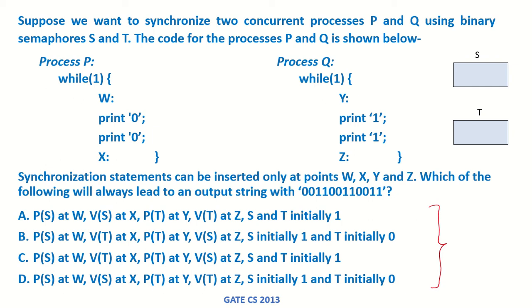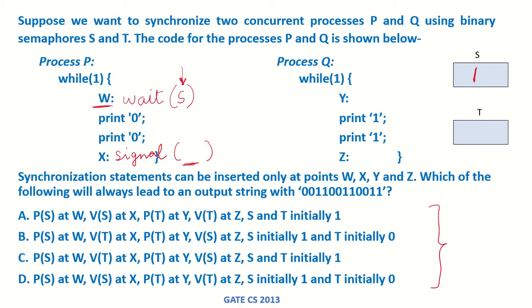First of all, we know that we have to add one synchronization statement over here and we want this process to run. So let's say we add a synchronization statement which says wait S, and because we want process P to run first, the initial value of S should be 1. If this is 1, then process P can run, it can print 0 again, and then it can signal some semaphore over here.